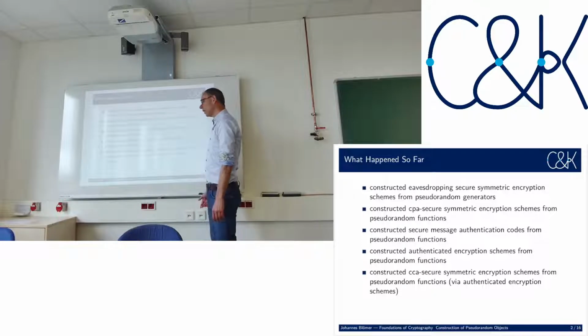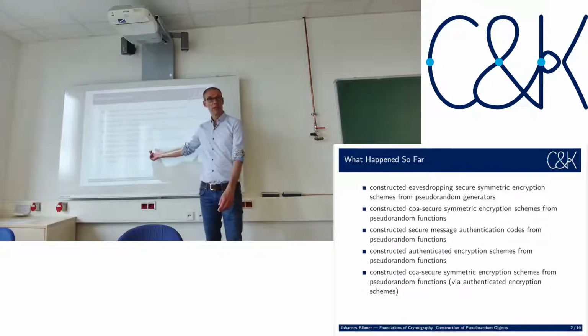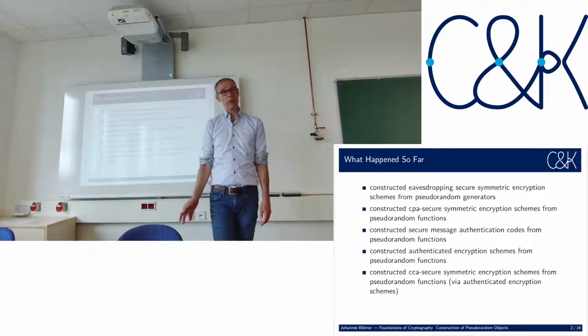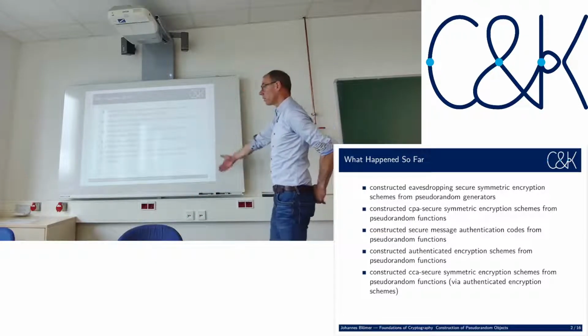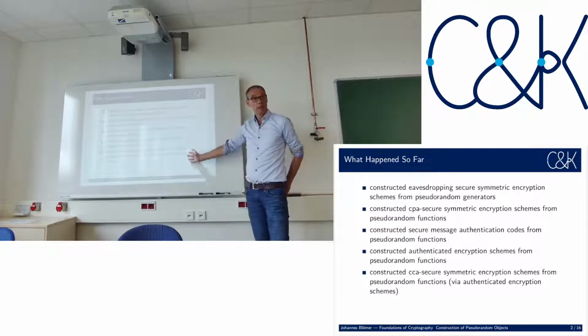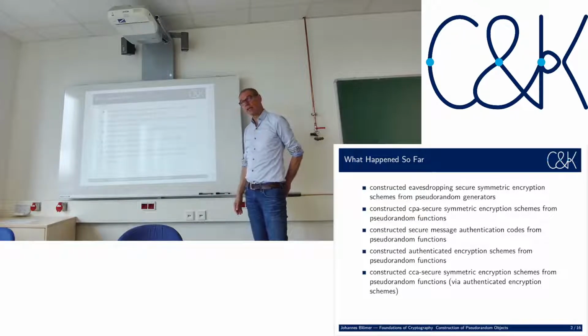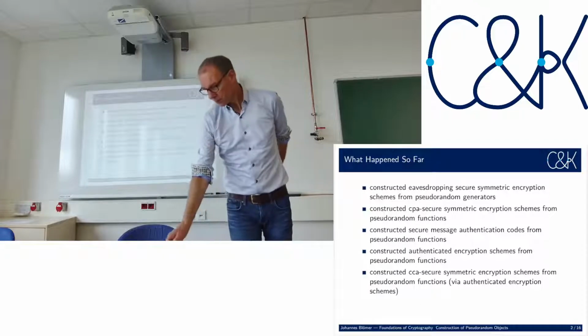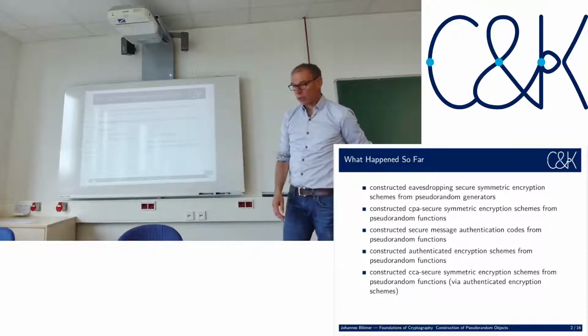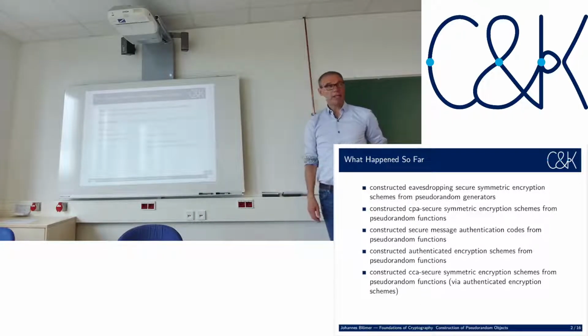So that obviously raises the question, how can we construct pseudorandom functions? Where do we get them from? Because all this is based on the existence of pseudorandom functions, or in the first case, pseudorandom generators. And that is actually what I will discuss briefly today.